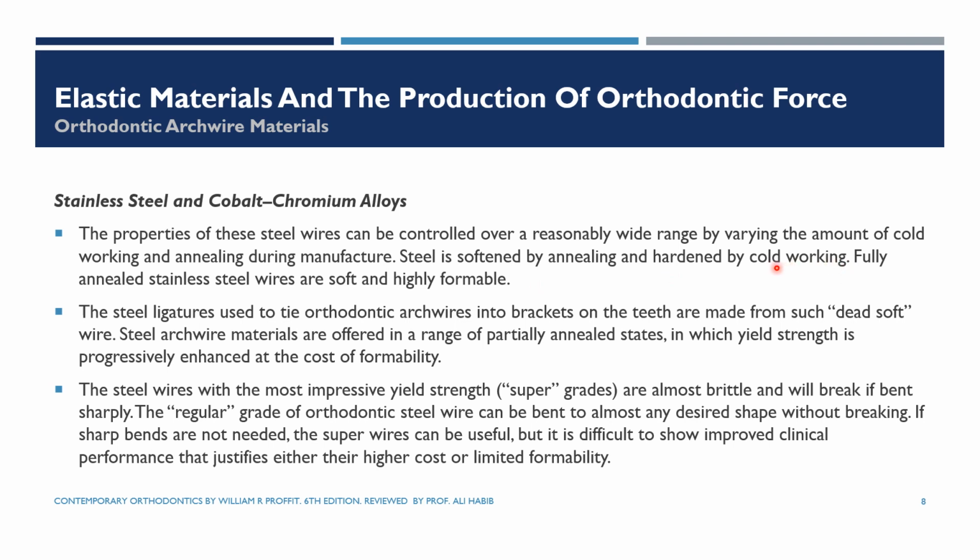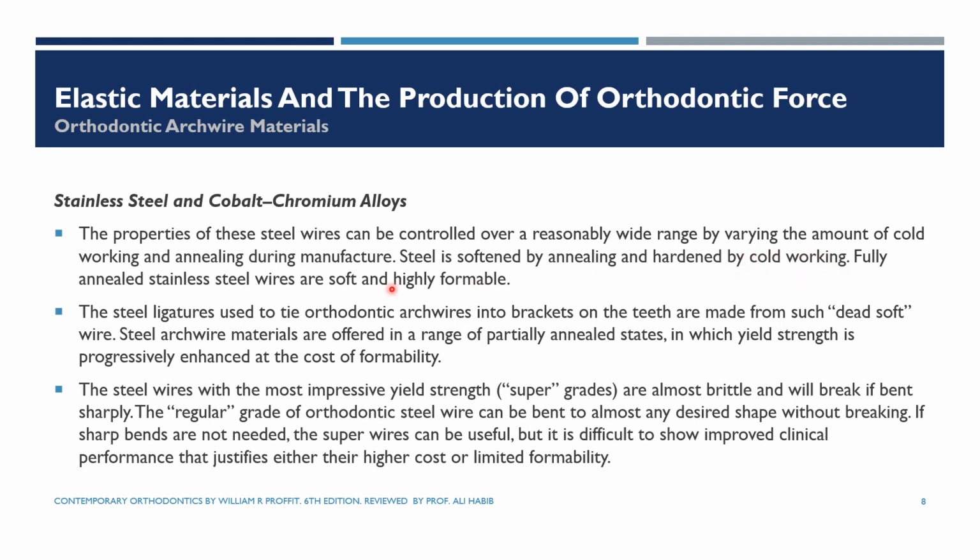So after you finish bending loops in the wire, to redistribute the molecules in the areas of bending, you heat treat the wire, for example at 50 degrees centigrade, and this is what they call cold working.